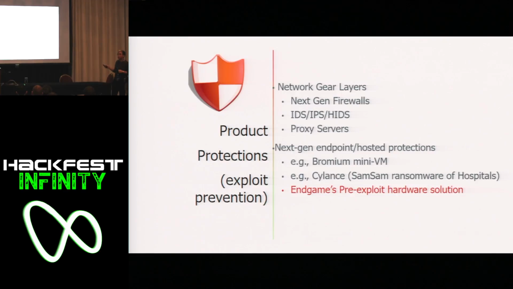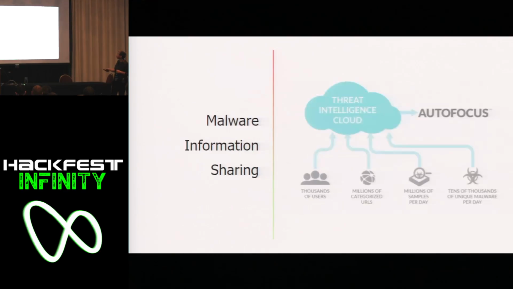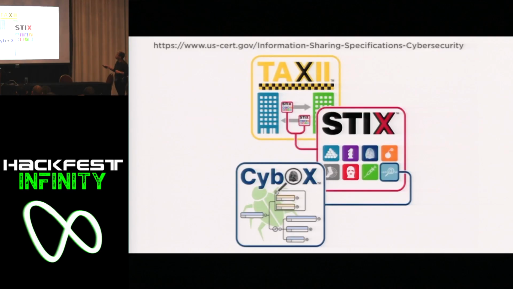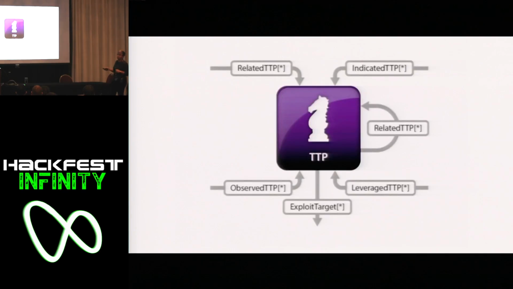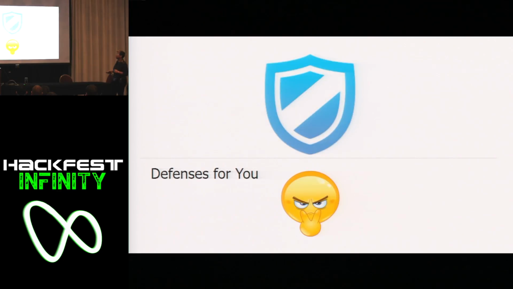And then Endgame has a very interesting hardware approach to solving the problem. Information sharing is coming along. These organizations are available. You can look them up to get more information, but basically there's also a supporting infrastructure for each of these that can feed information about the tactics, techniques, and procedures being done by the threat actors.